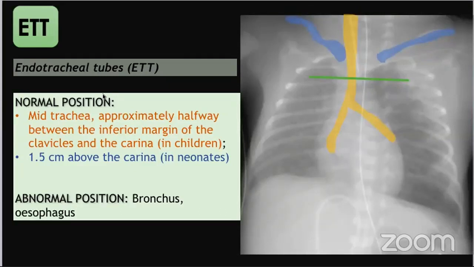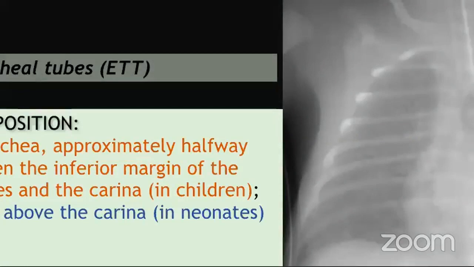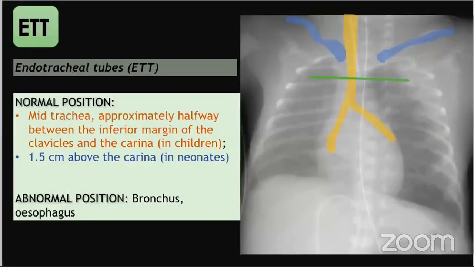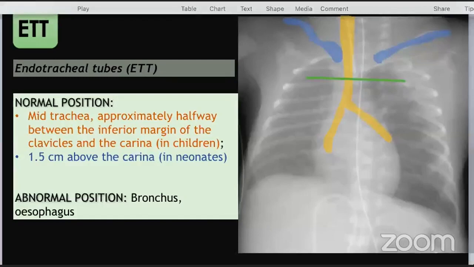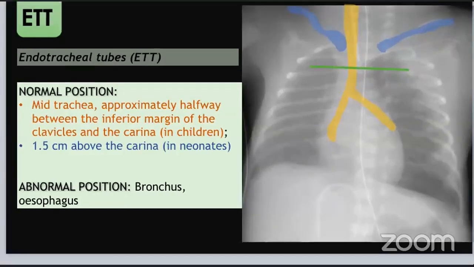Now we will go through the endotracheal tube. This is the endotracheal tube. Here we can see the clavicles. The clavicles are here.